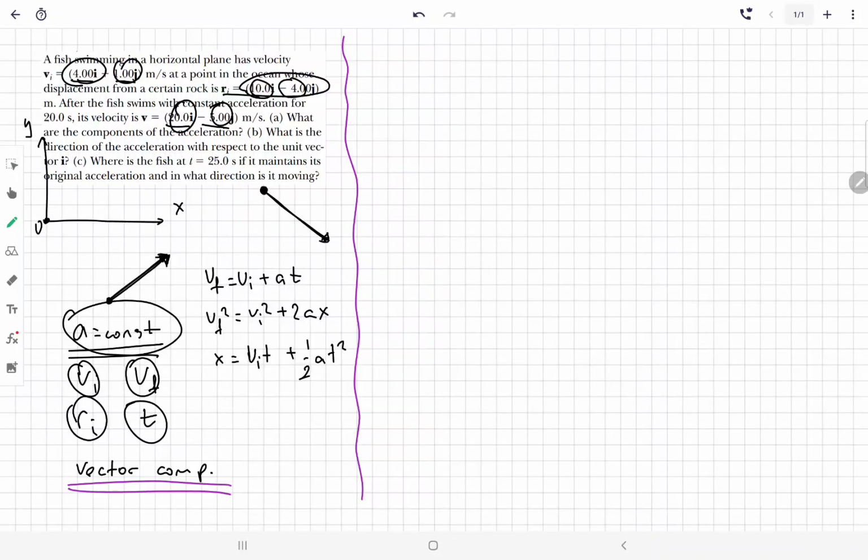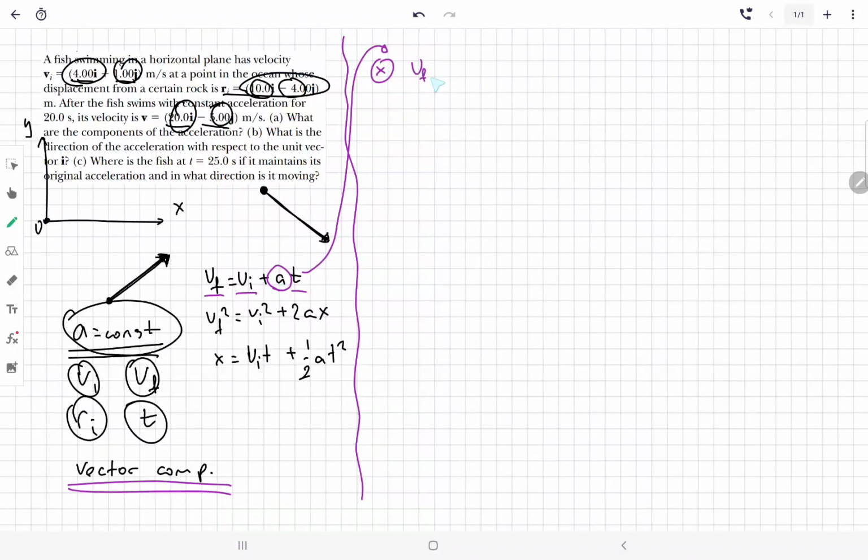So first of all, let me use the first equation, because velocity is given, final and initial, and time is given, so I think we can find our acceleration by using this equation, but we need to apply it in both directions, in the x direction and also in the y direction. So let's start with the x direction.